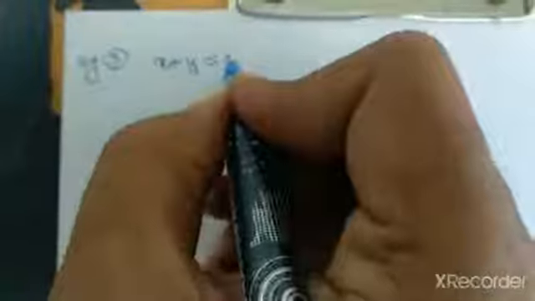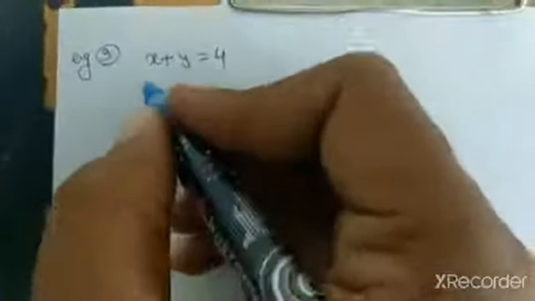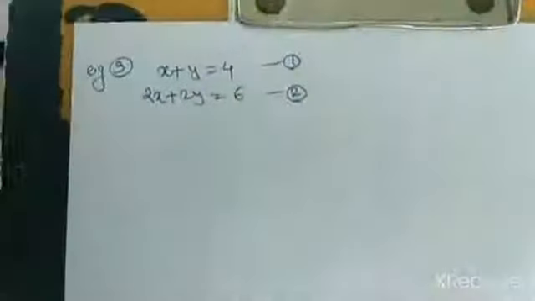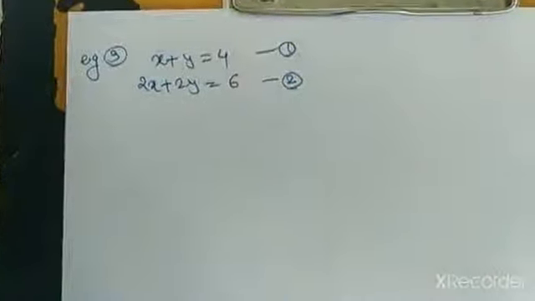Consider the next example. x plus y is equal to 4 and 2x plus 2y is equal to 6. This is equation 1 and this is equation 2. The system consists of two equations.